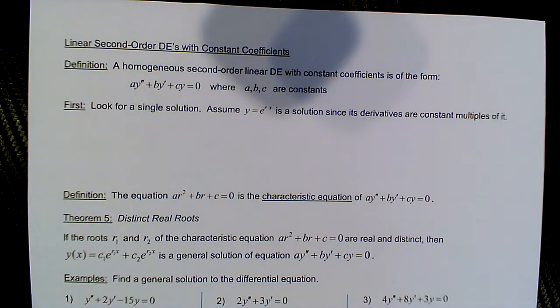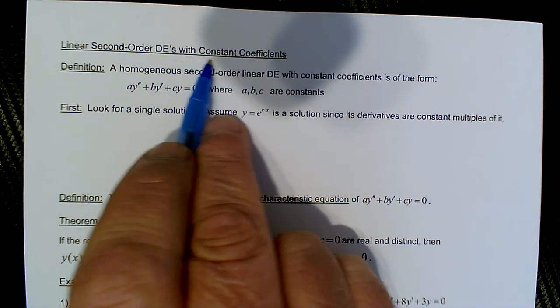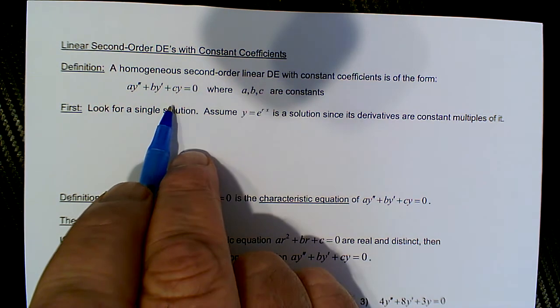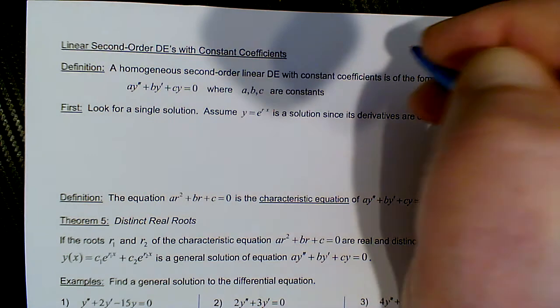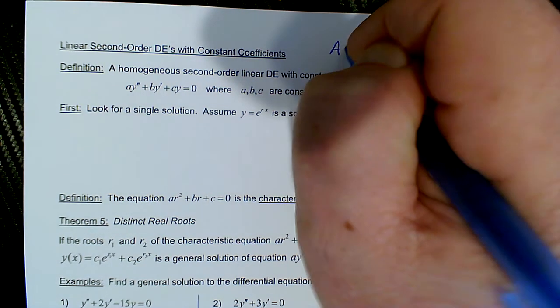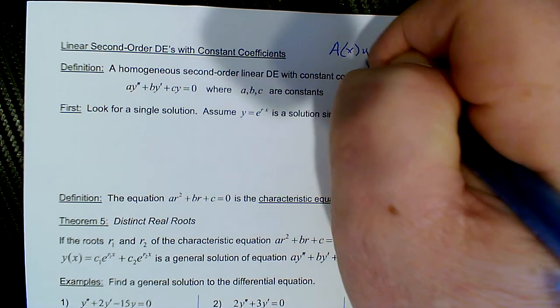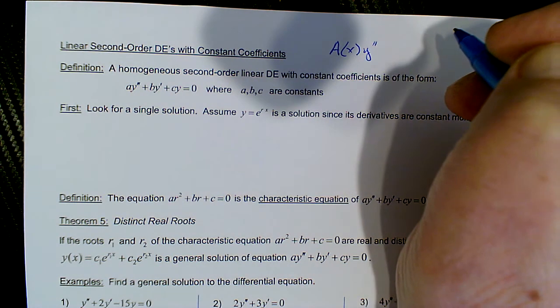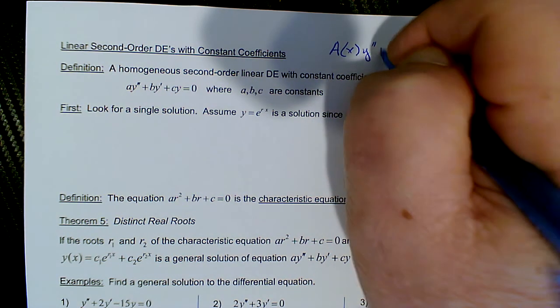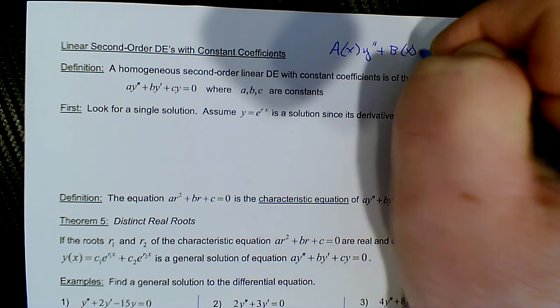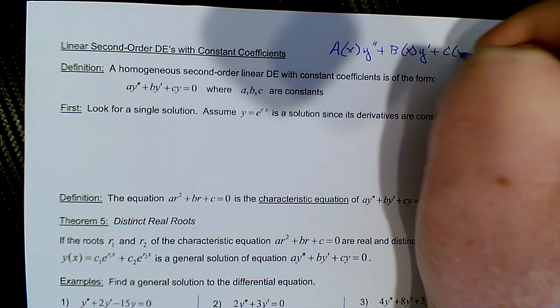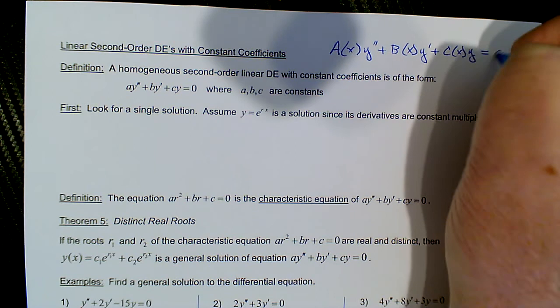And we'll move on to the final page of our notes for section 2.1 here, and talk about the special situation where we have linear second-order differential equations with constant coefficients. So recall that the second-order differential equation, homogeneous, was a of x y double prime plus b of x y prime plus c of x y equals 0.